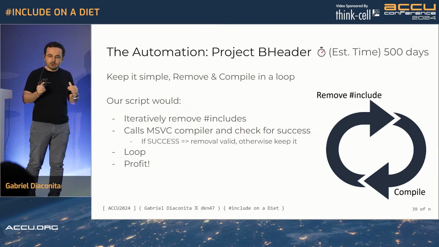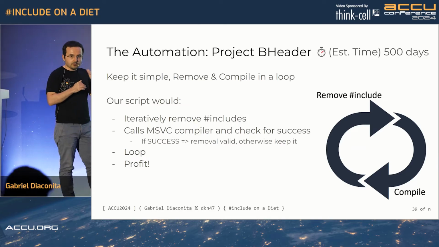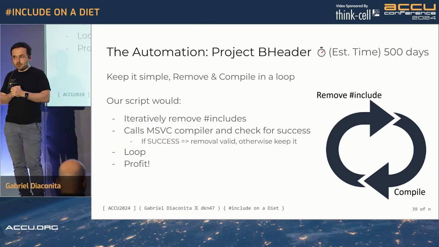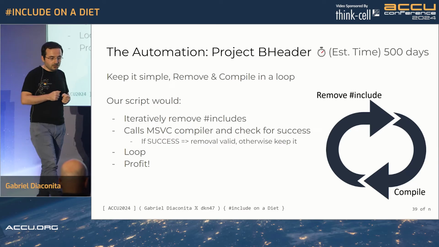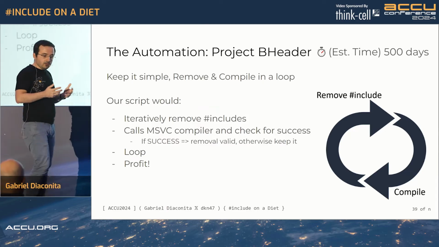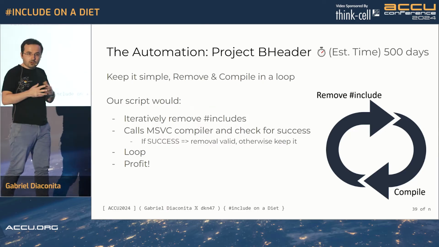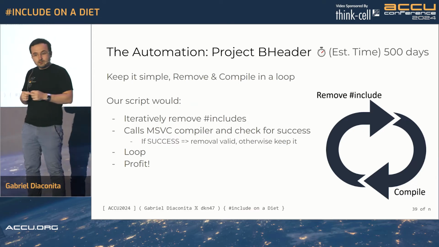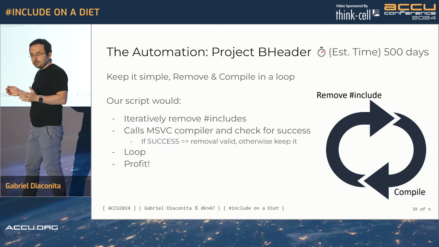Take each CPP file, successively identify every include directive in that file, take it out, see what happens, and then you have a choice. If it works, the compilation still succeeds, you don't need that include.